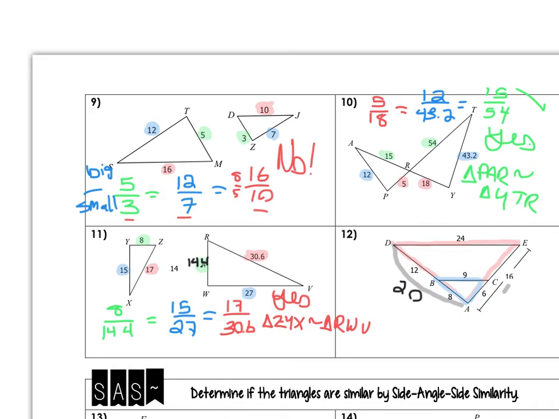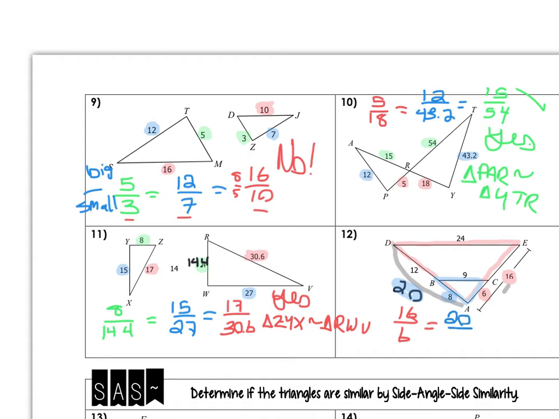So let's go for the smallest. So let's see, 16 is the smallest, and then the smallest side here is 6. So 16 big over small. Now the middle number, 20 or 24, so 20. And then the middle number here is 8.